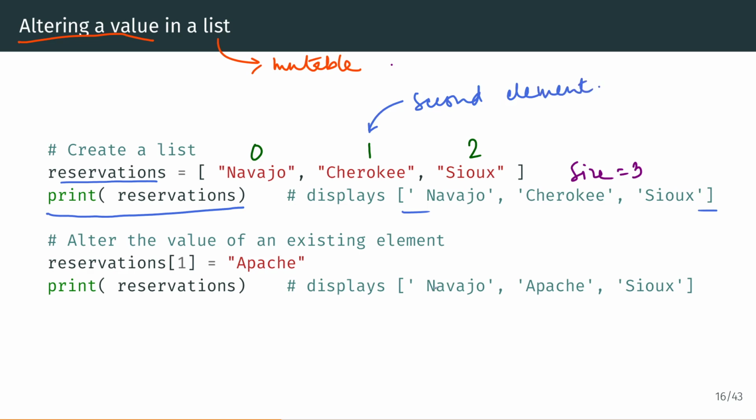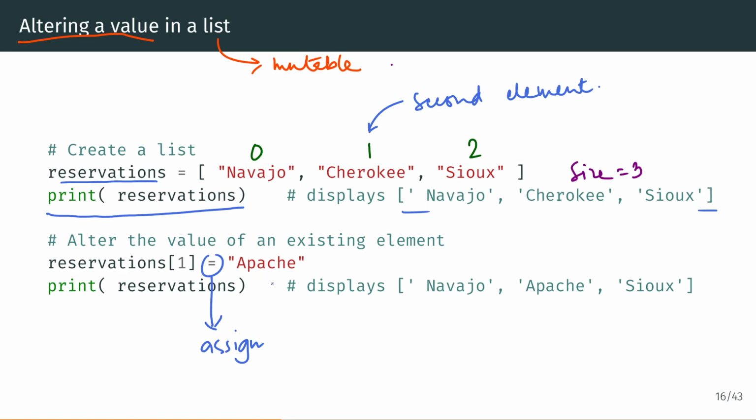Right? Now, the second element is at index 1, right? So the way you alter the second element is you say the name of the list, which is reservations, and then within square brackets 1, and then assign. Remember, this is assignment, right? Assign it whatever value you want to change it to.